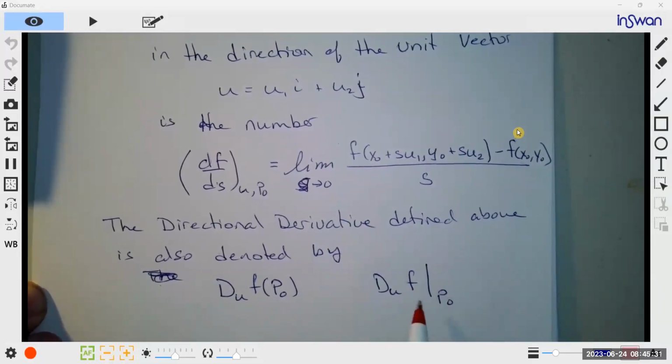This says the derivative of f in the direction of u at p sub 0.